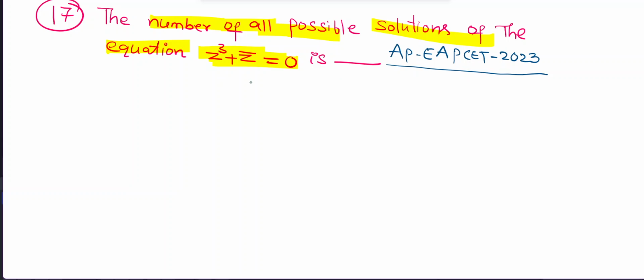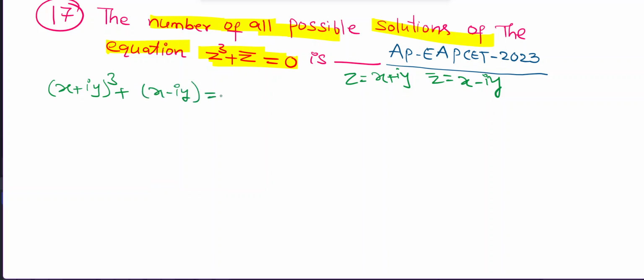That is, z is equal to x plus iy, and z bar is the conjugate of this, that is x minus iy. Substituting in this, z cube is (x plus iy) whole cube plus z bar, x minus iy, is equal to 0.